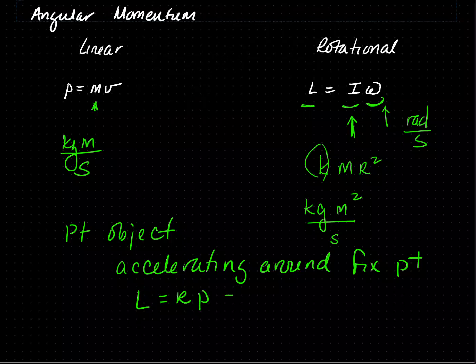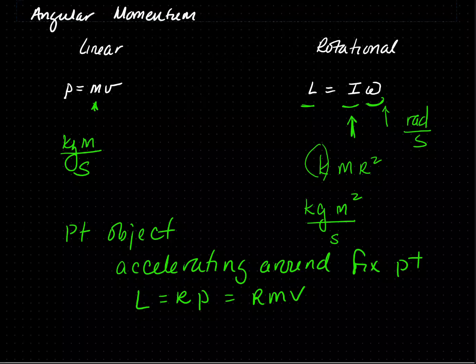And we know that momentum is mass times velocity, so you should memorize that for point objects, angular momentum is rmv. The distance r from the axis of rotation, the mass of the object, and the velocity that it is moving.